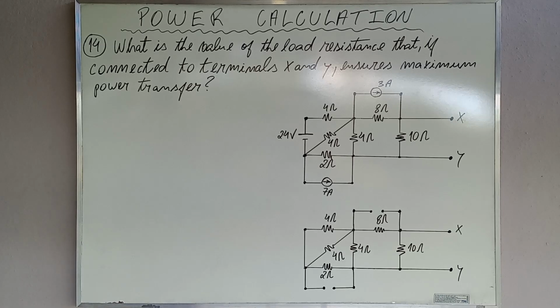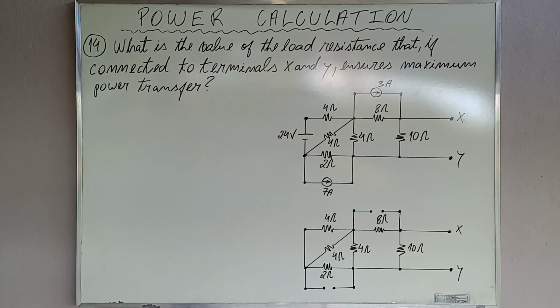This is the question. Let's go to the solution. For a purely resistive circuit, the load resistance that enables maximum power transfer must be equal to the equivalent resistance seen from the load terminals. To calculate the equivalent resistance, the sources must be set to 0.